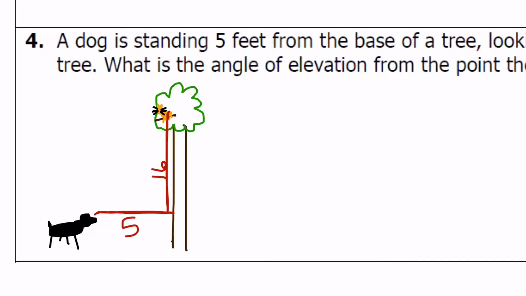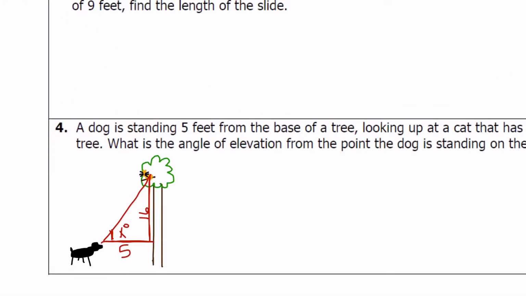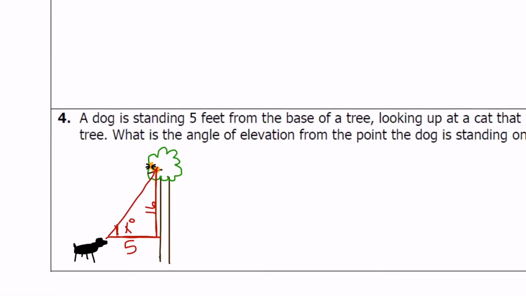So we need to find the angle of elevation from the point the dog is standing on the ground to the cat. So I need to find this angle right here, the angle that he's looking up at the cat. Oops, I put 17. I don't know why I put that there. It needs to be x. So I've got to look at what am I given in relation to what I'm trying to find?